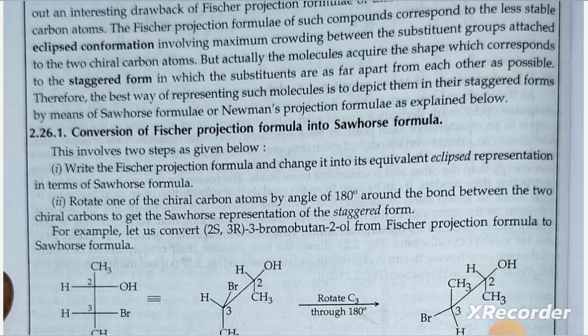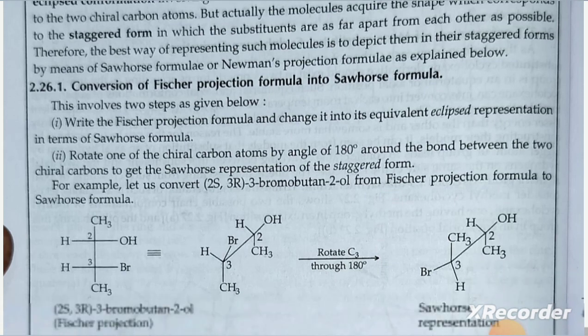First, write the Fischer projection formula and change it into the equivalent eclipsed representation in terms of Sawhorse formula. Second, rotate one of the chiral carbon atoms by an angle of 180 degrees around the bond between the two chiral carbons to get the Sawhorse representation in staggered form. For example, let us convert 2S,3R 3-bromobutan-2-ol from Fischer projection formula to Sawhorse formula.